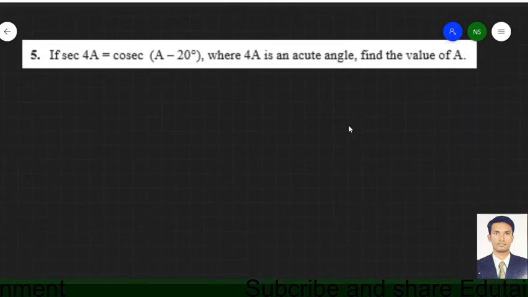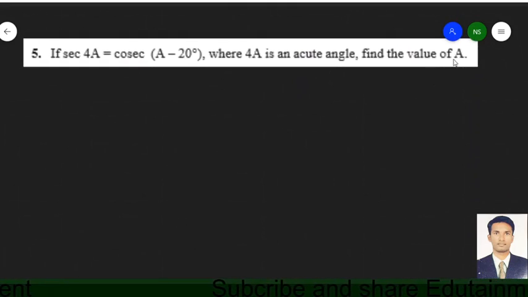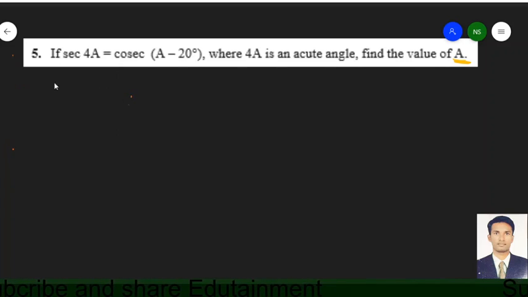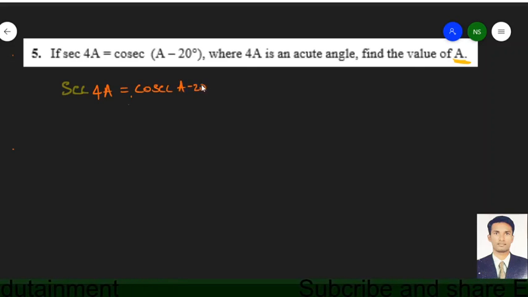Here also we want to find out the value of A. They give secant 4A equals cosecant(A minus 20).